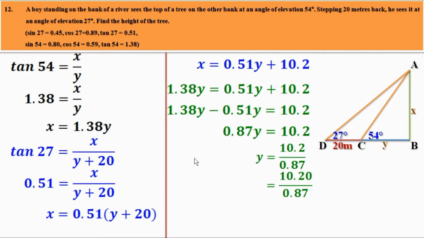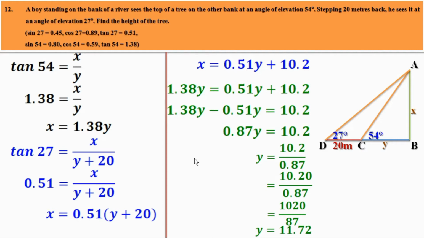Now the digits after the decimal point in numerator and denominator are same. So we can simply remove the decimal point and we can write 1020 by 87. Dividing, we will get y equal to 11.72 approximately.